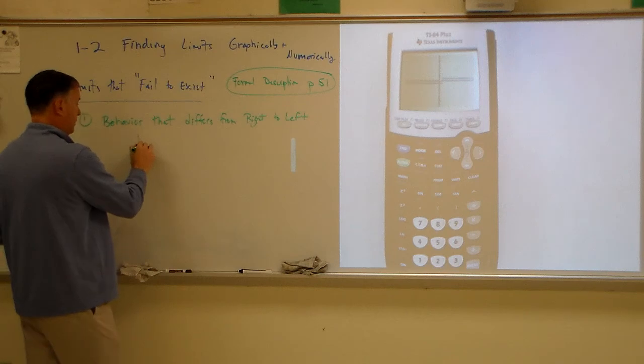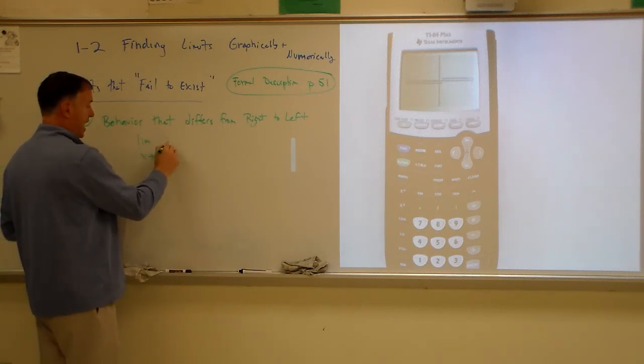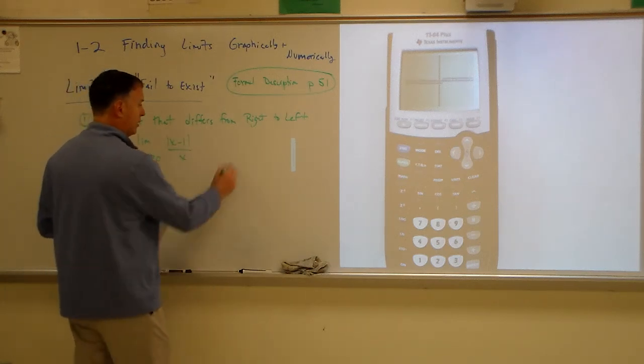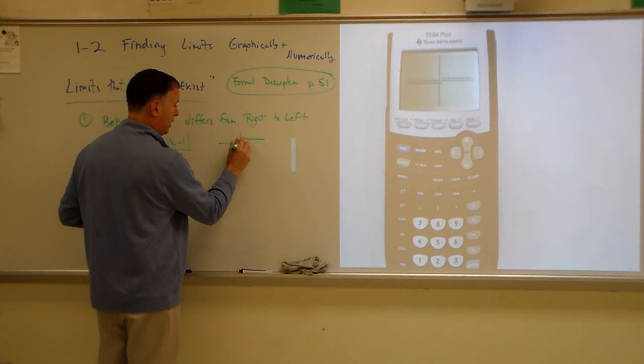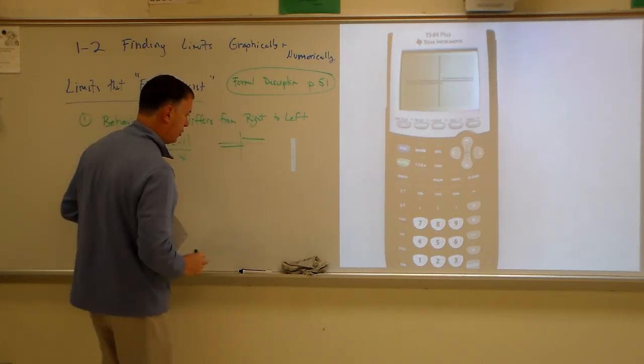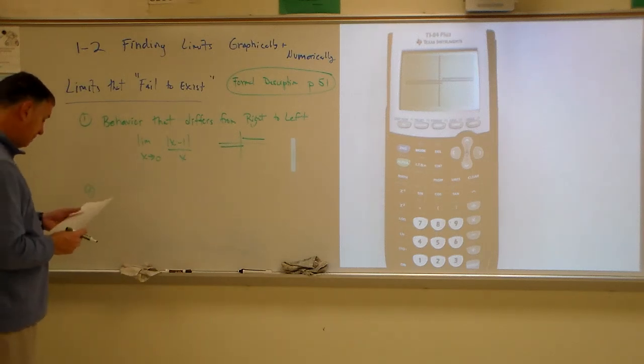The limit as x approaches 1 of the absolute value of x minus 1 over x minus 1, we just had it. On one side it was approaching one number, on the other side it was approaching the other number. Behavior differs as you go from left to right. That's one example of a limit that doesn't exist.